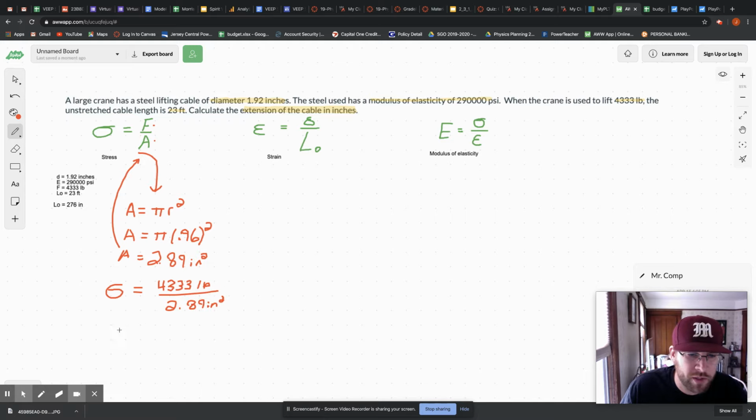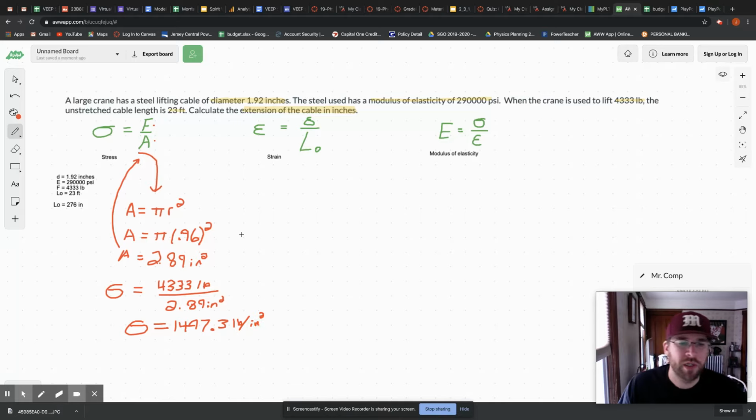If I divide those two numbers, that gives me the stress of this object, which after plugging it into my calculator is 1,497.3 pounds per square inch.